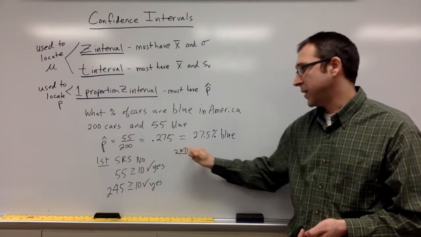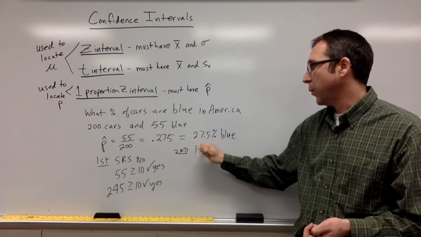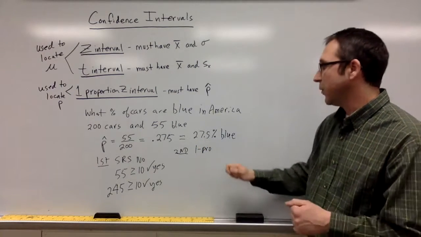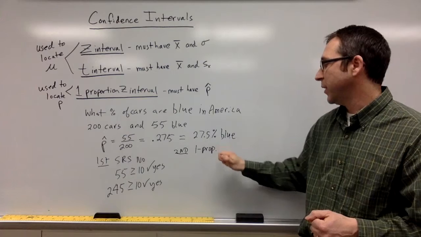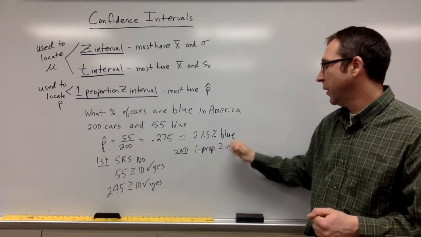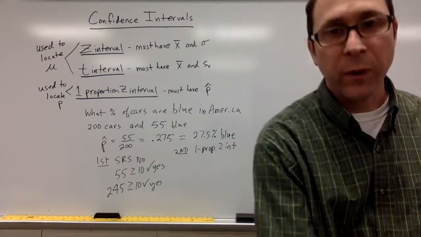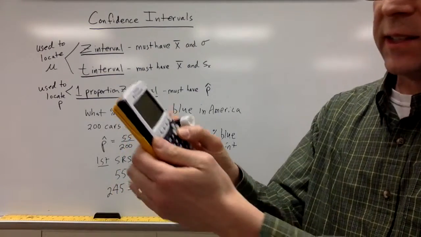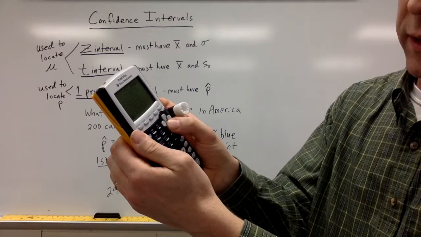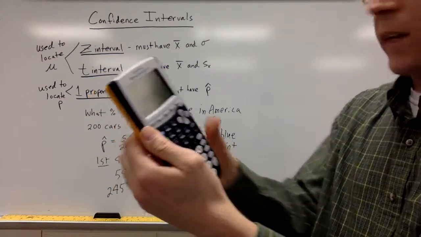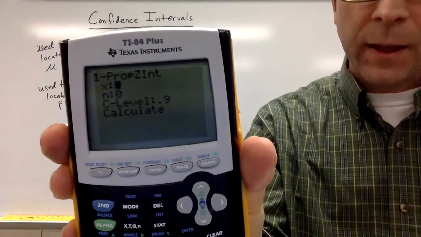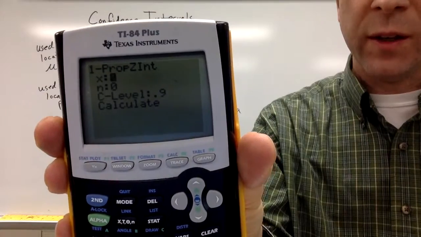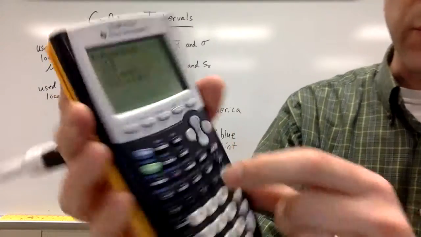For the second step, it's naming the test. This is a 1 proportion, or naming the interval. It's a 1 proportion z interval. And the calculator will do the work for you. If you press stat tests and search down 1 proportion z interval, it gives you a place to enter the information. X is the number of blue cars.